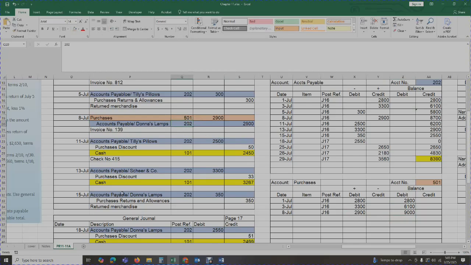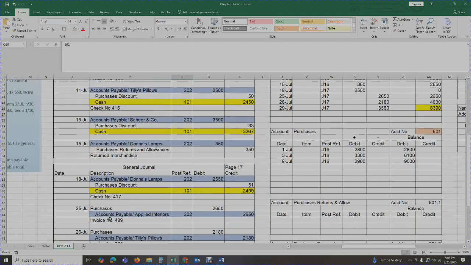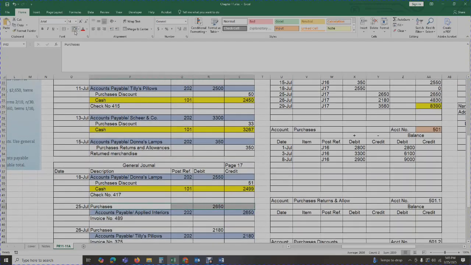We continue looking for purchases, and down here we have another one on the 25th. So July the 25th. This is on page 17. Be very careful what page number you reference. I've got a debit of $26.50, which is going to be added to my ending balance of $9,000, and that gives me $11,650.